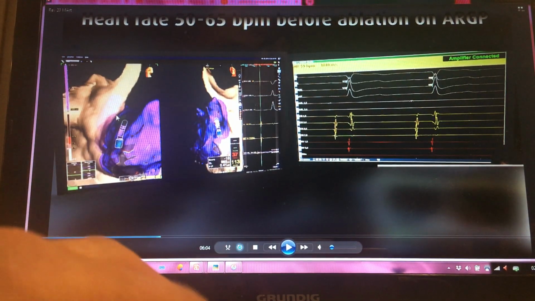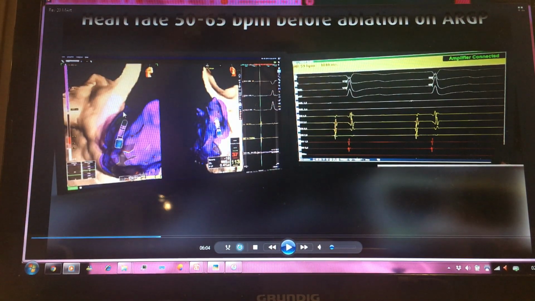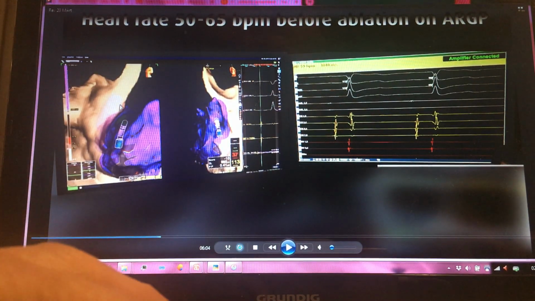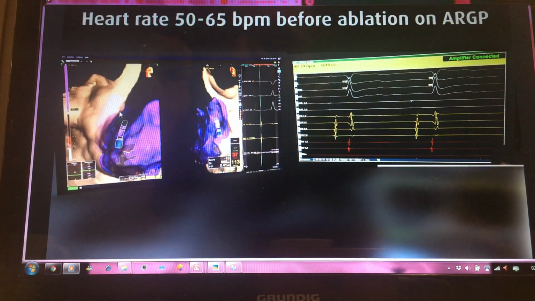Actually, you can see that these tissues, these GP sites, are usually epicardial structures between the superior vena cava and the right superior GP. But in the first part of RF ablation, we try to go a little bit more to the antral site to not cause any ostial stenosis.